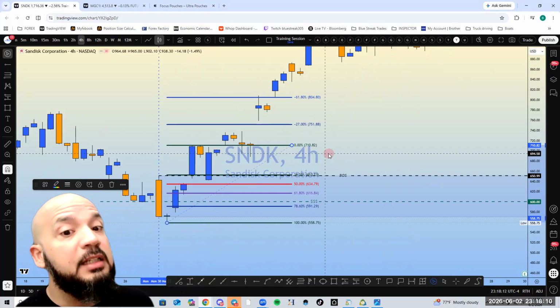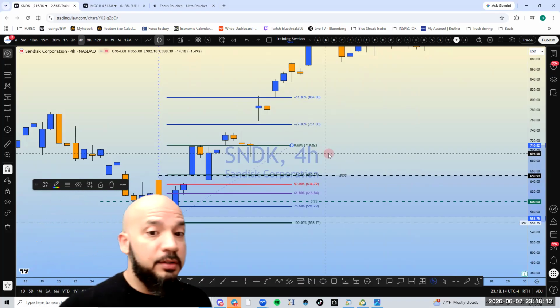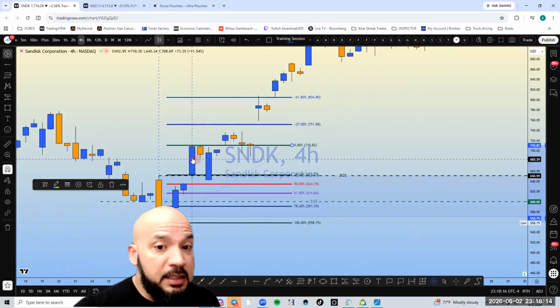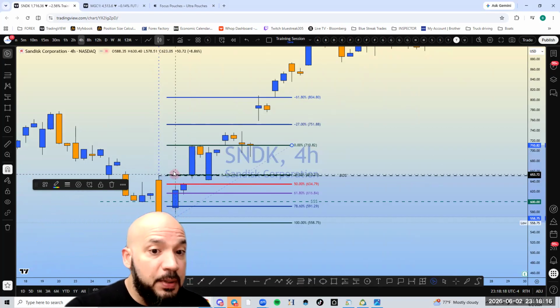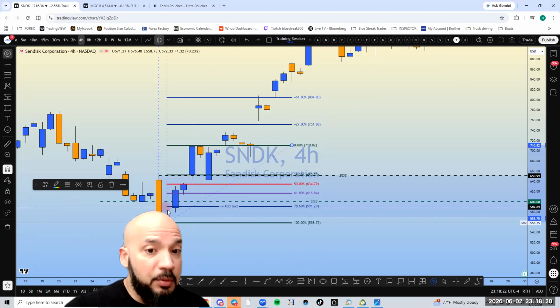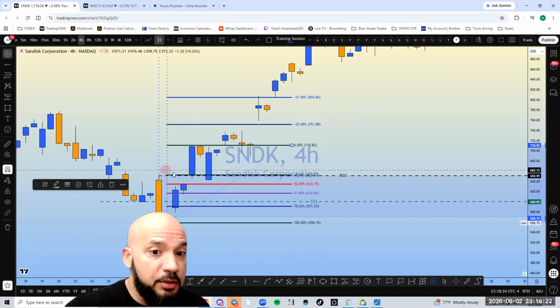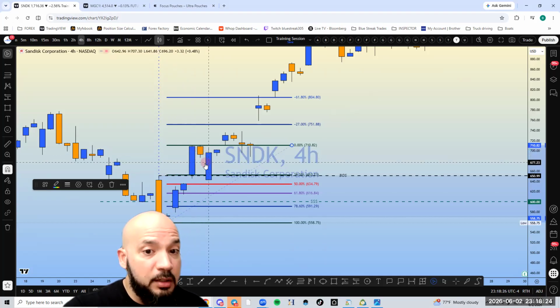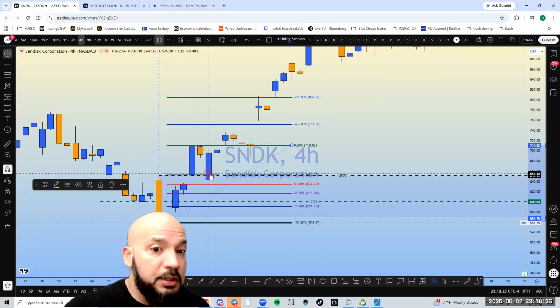This is a 38.2. Not only that, all it did was come back to respect the market structure. It broke structure, and when market structure breaks structure, it tends to retest the break of structure before continuing.